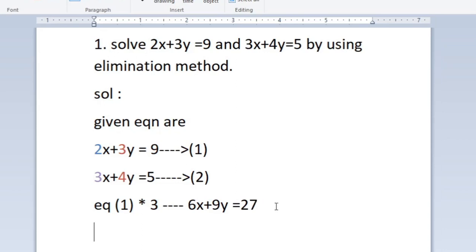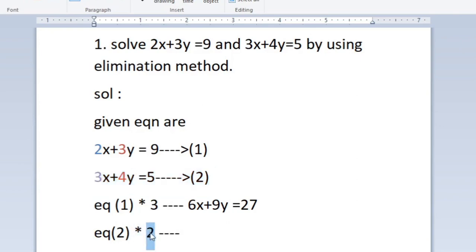So similarly, you have to multiply the equation 2 with the x coefficient of first equation. The x coefficient of first equation is nothing but 2. You have to multiply with 2. That implies you have to multiply each and every term by this 2.